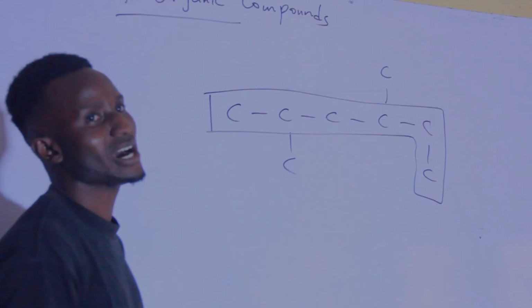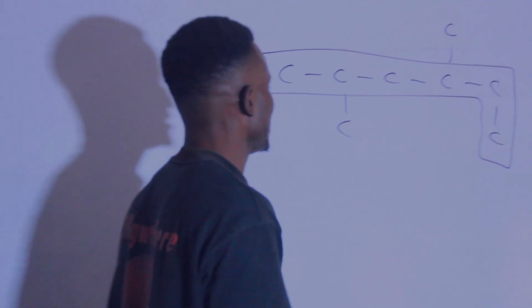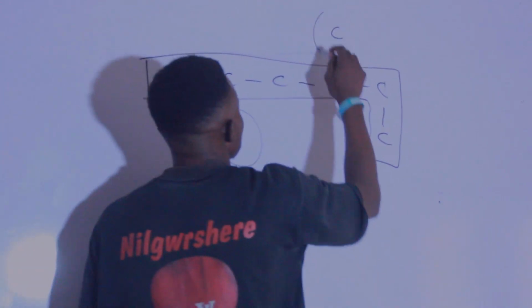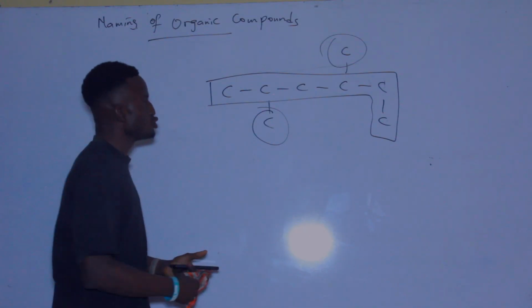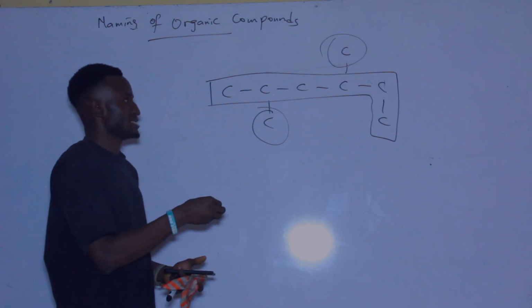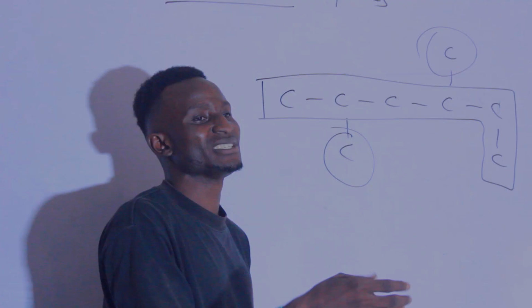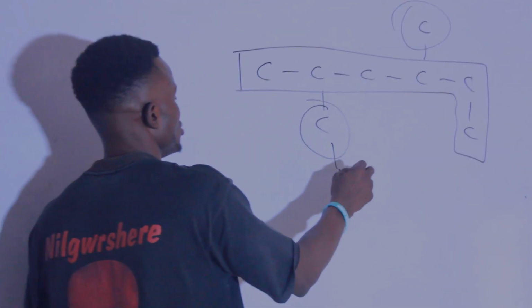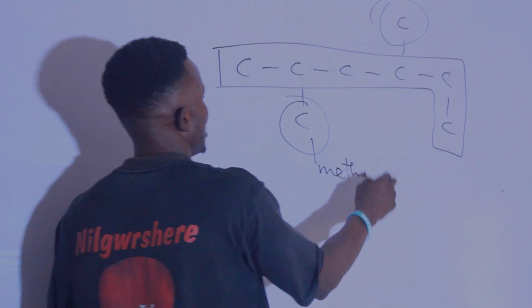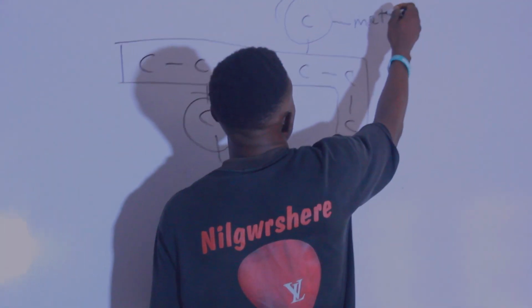Now, after I have identified the parent name, don't forget, according to law 2, the other carbons are called the ligands. If you have 2 ligands present, and they are of the same group, you can see that this one is methyl, CH3, this one is methyl, CH3, and this one is also methyl, CH3.